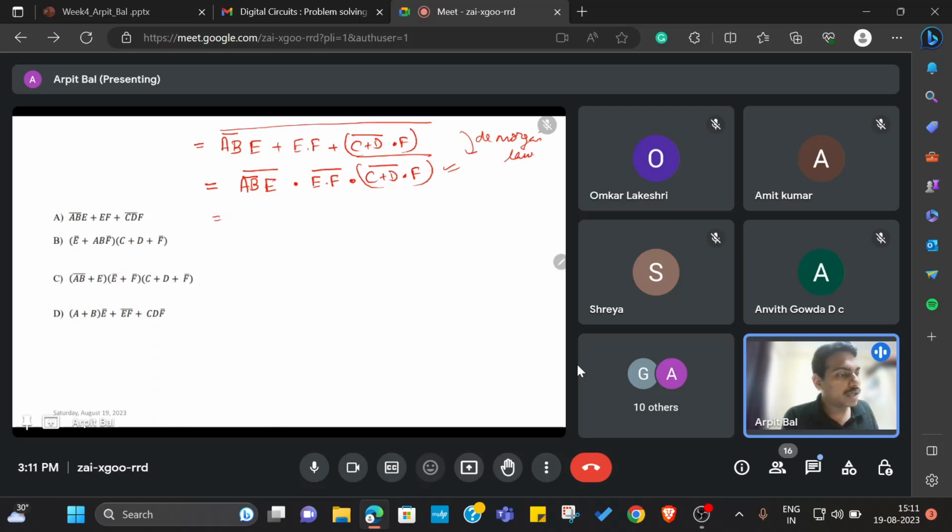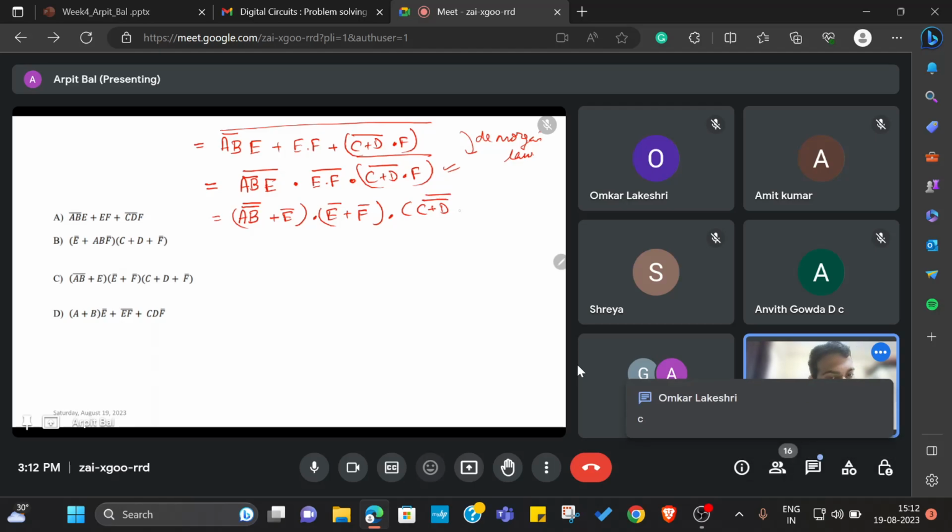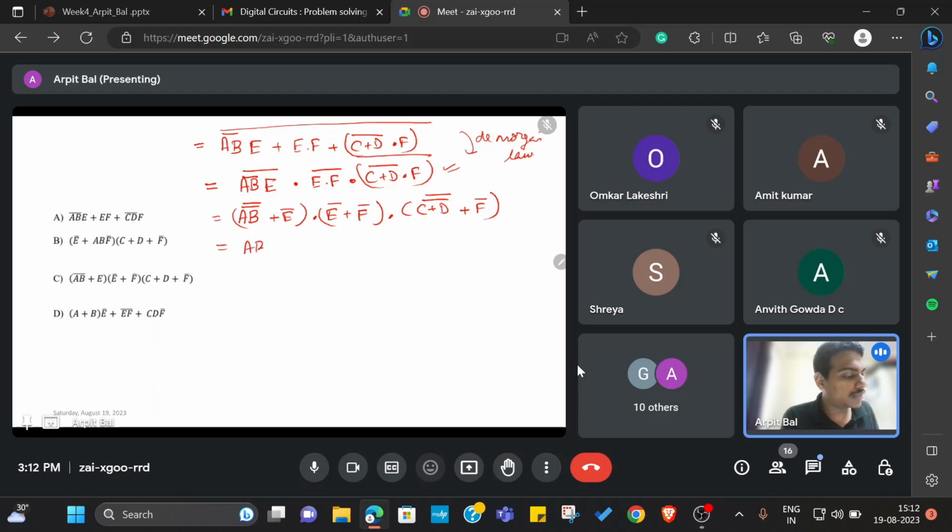Now let us try to simplify it further. It will be (AB bar)' plus E bar, times E bar plus F bar, times (C plus D bar)' plus F bar. So this will be AB plus E bar.